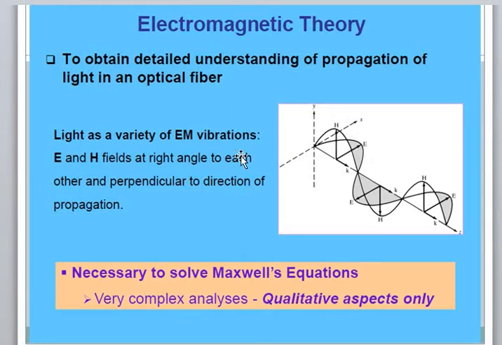In electromagnetic theory there are two important fields, the electric and the magnetic field. Both are at right angles to each other, that is, perpendicular to the direction of propagation. The light waves propagate through the z direction.